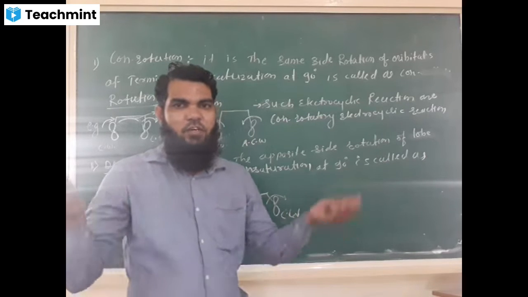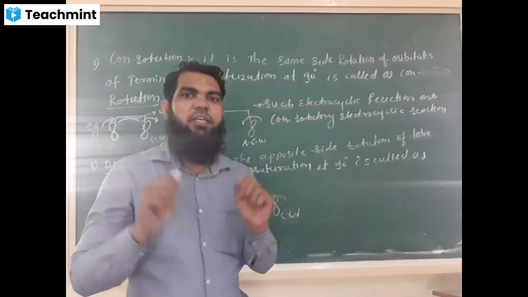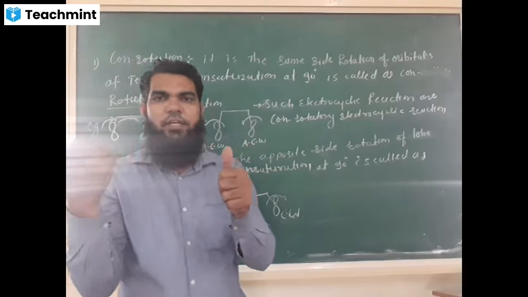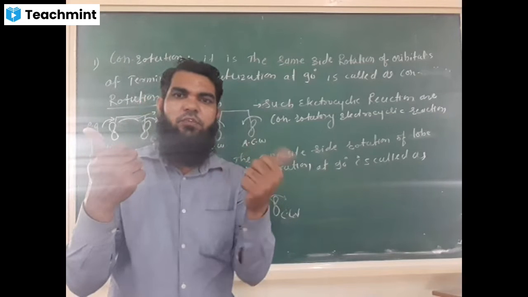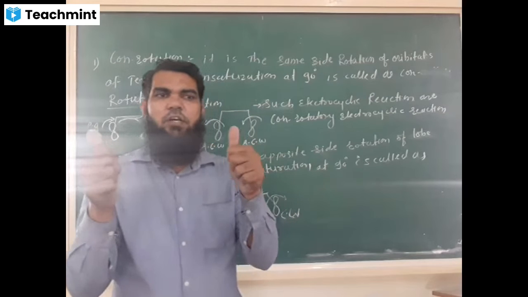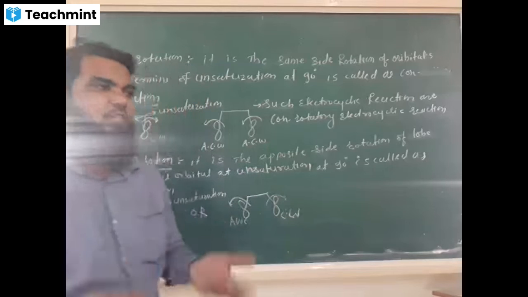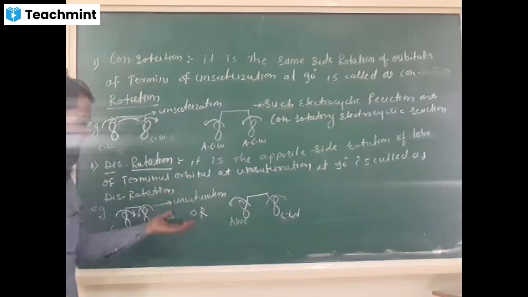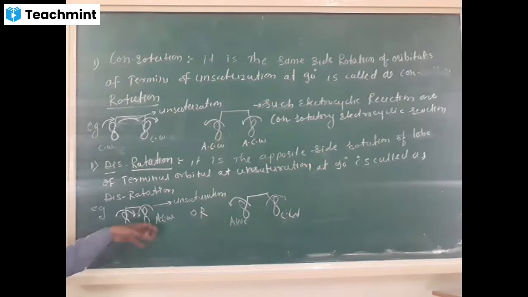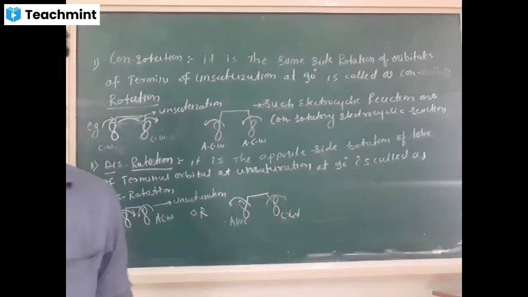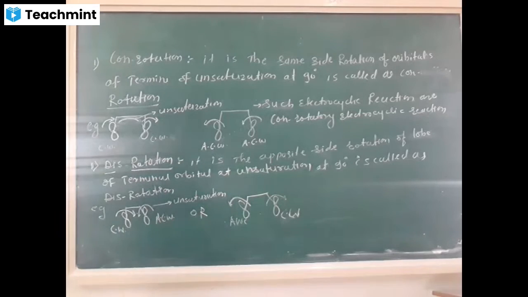And during bond formation, or during an electrocyclization reaction, if one orbital is rotated anti-clockwise and another one is rotated clockwise, or one is rotated clockwise and another anti-clockwise, then it is disrotation. So opposite side rotation of the lobes at the termini of unsaturation during an electrocyclic reaction is called a disrotatory electrocyclic reaction.